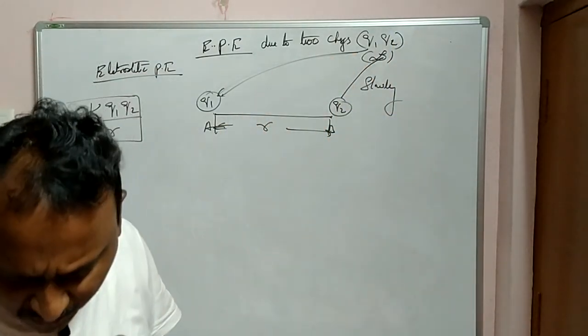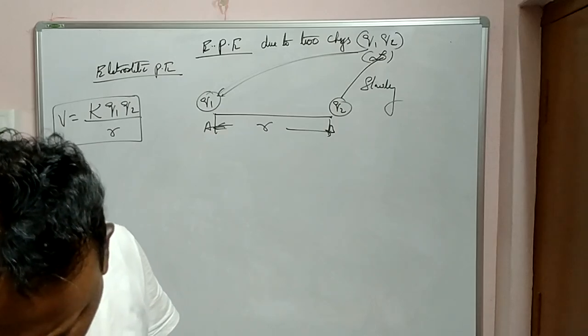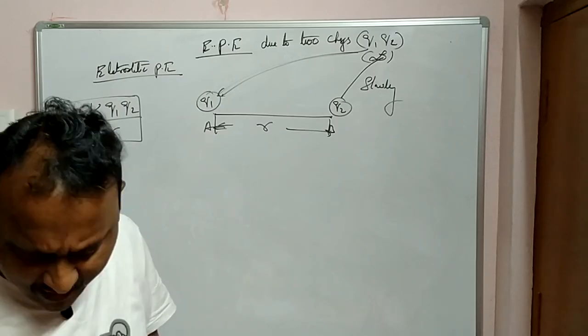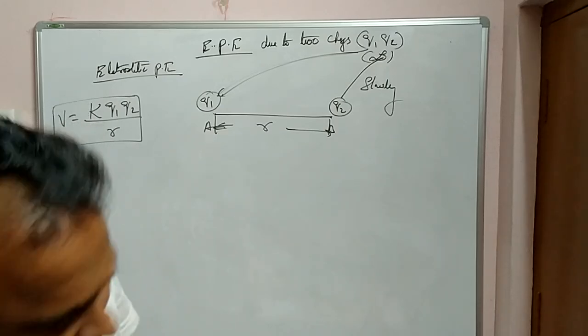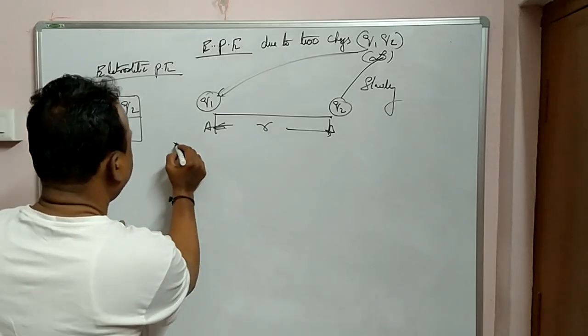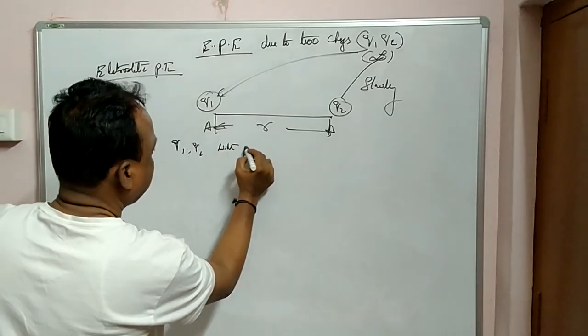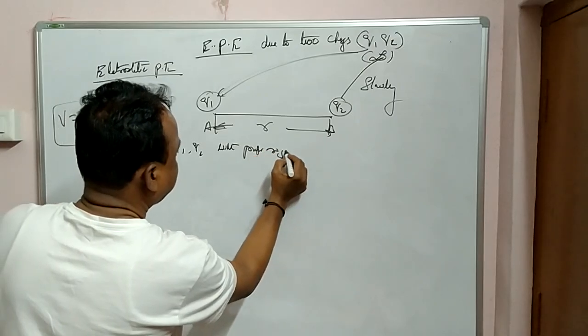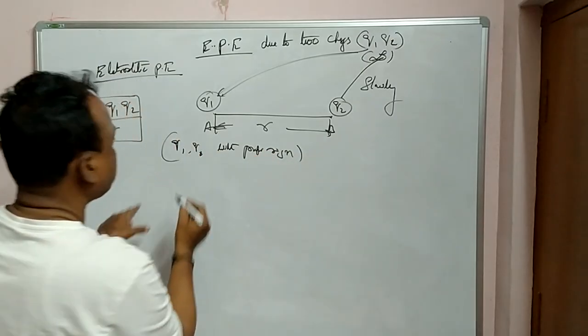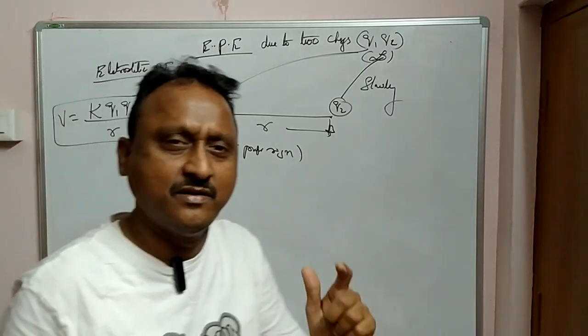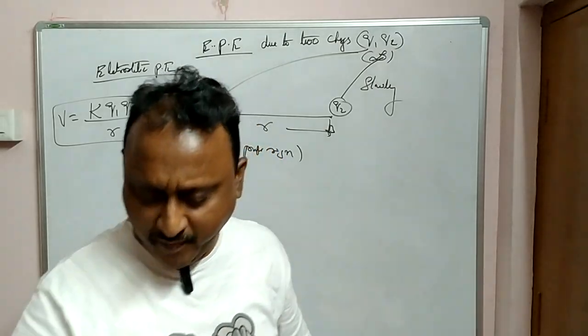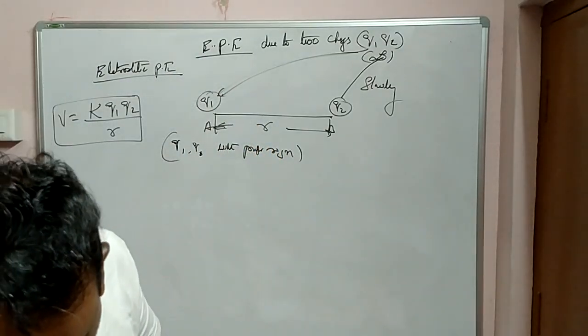So K Q1 Q2 by D or R. Please make a note, Q1 Q2 should be kept with proper signs, with proper sign convention: if minus, then minus; if plus, then plus. Clear?